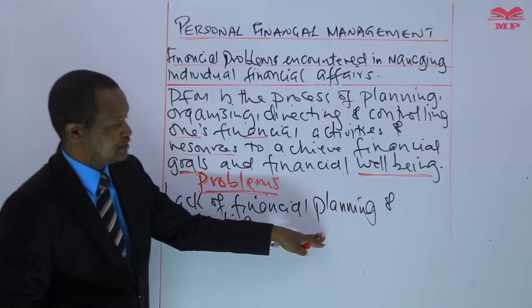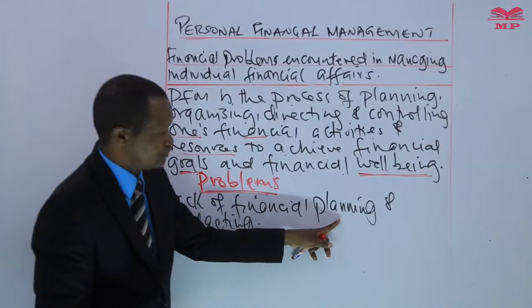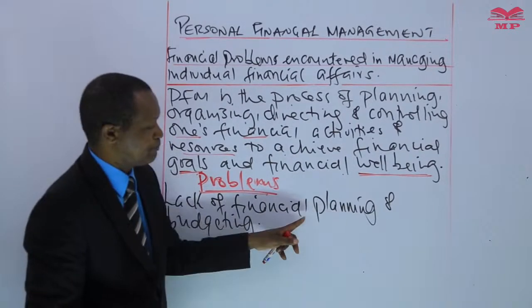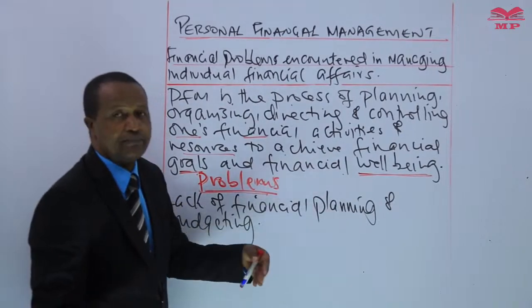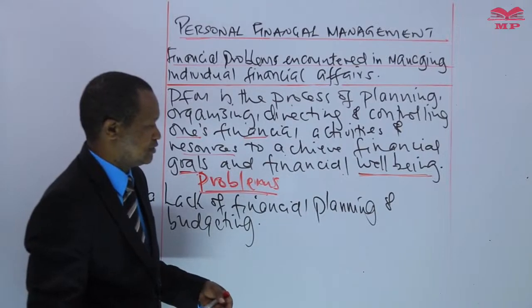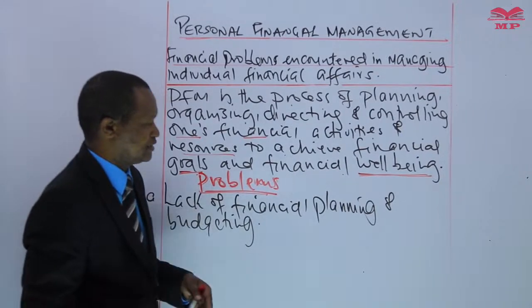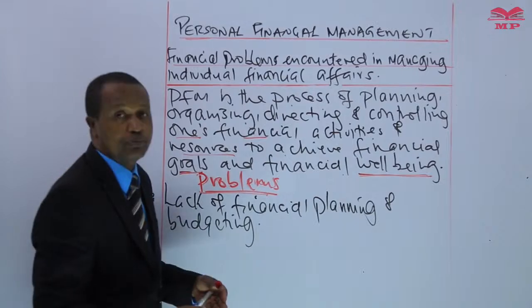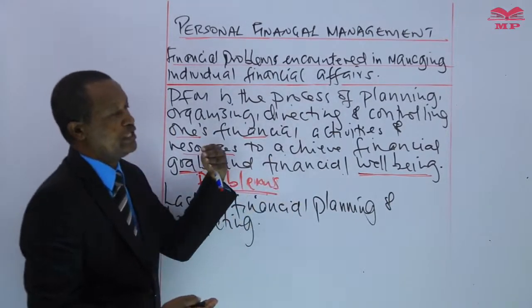We all know a plan is a predetermined course of action. A plan is something that is done beforehand. Having a financial plan may require individuals to put on paper what they expect to do in future.